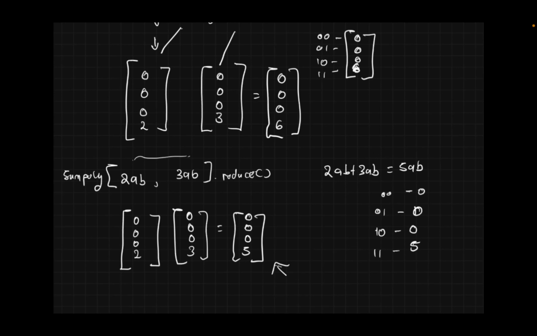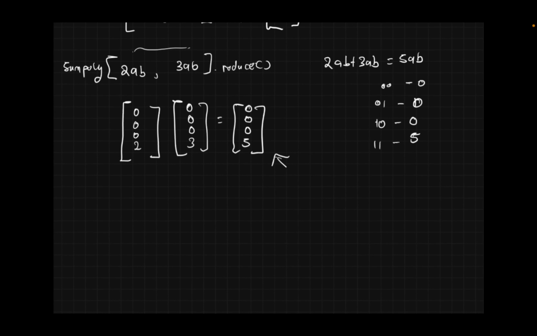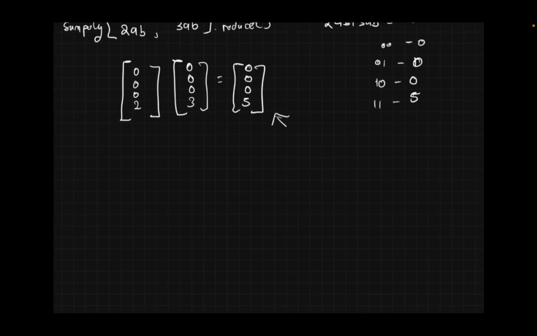Now let's do something more complicated. Let's do a sum poly that is made up of product polys. Okay? So we have a sum poly that is made up of a product poly. So what should we multiply?